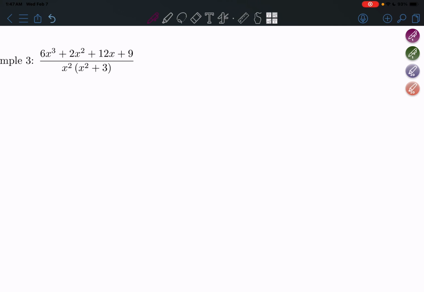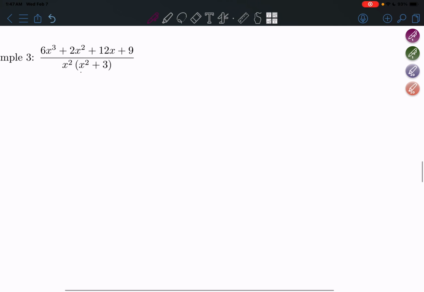To check the degree, all you have to do is multiply the highest degrees of each part together. Here I have a degree 2, and over here that's a degree 2, so multiplied together I get a degree 4. So it is still bigger than the degree 3 on the top, so this one is still following the rule.